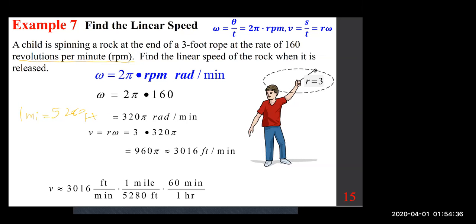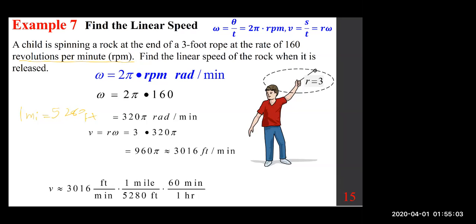So whether you say 1 mile divided by 5,280 feet or 5,280 feet divided by 1 mile, it's a unit. Same thing, whether you say 1 hour over 60 minutes or 60 minutes over 1 hour, it gives you 1 unit. But how do you write it? It depends how you want the final answer to look, okay?